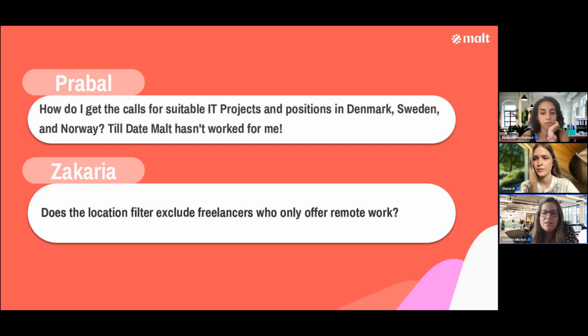We're still quite young, and the algorithm also is still learning, because we don't have that much historical data. But today the algorithm does try to show profiles that are relevant and also located in nearby countries. But as the platform grows in Denmark, Sweden, and Norway, and we gather more data, the matching will continue to improve. And in the meantime, again, make sure that your profile is as complete and optimized as possible, with clear skills, experiences, and keywords, to increase the chances.